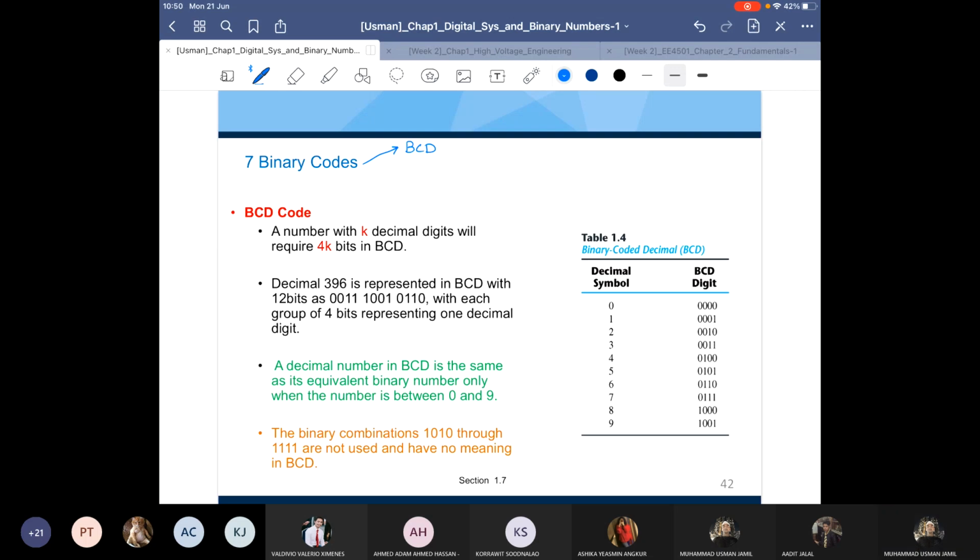The second one is gray code. And the third one is ASCII characters.